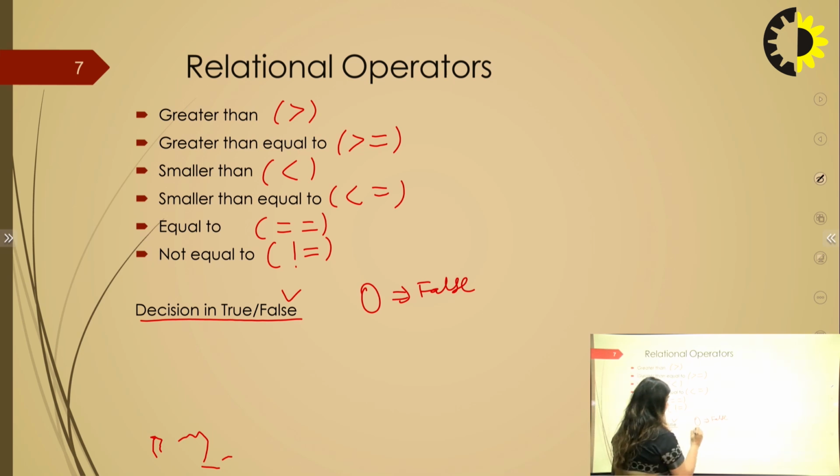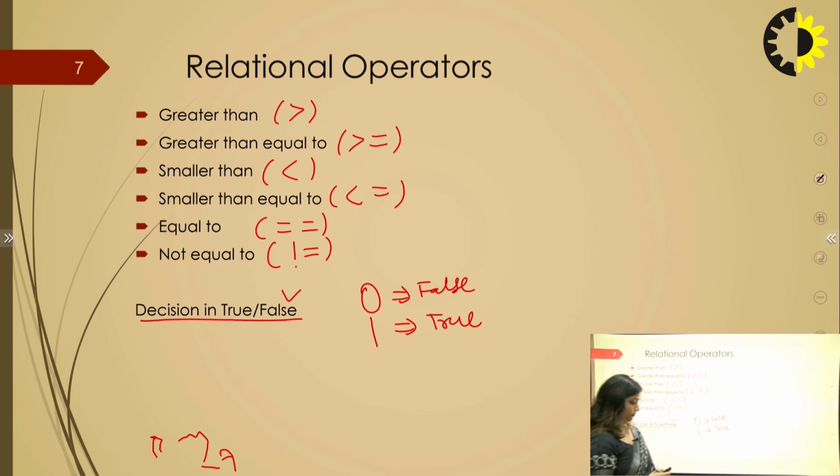Okay, so let's take here 1 for true, and any number except 0. So this is important here.